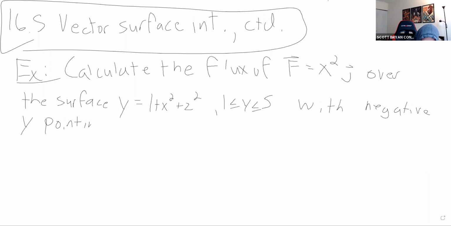So not directly in the negative y direction, but it's just like saying an upward pointing normal, except now instead of upward, meaning the z component is positive, negative y pointing normals means the y component is going to be negative.